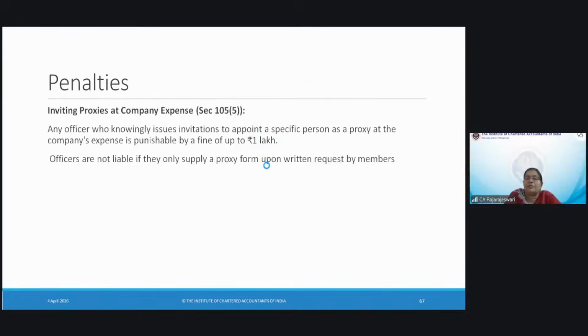What are the forms that have been done? Then penalties. Suppose the company officer knowingly and purposely invites a person to act as a proxy for another member, then if he is found out, he is liable for a 1 lakh fine.